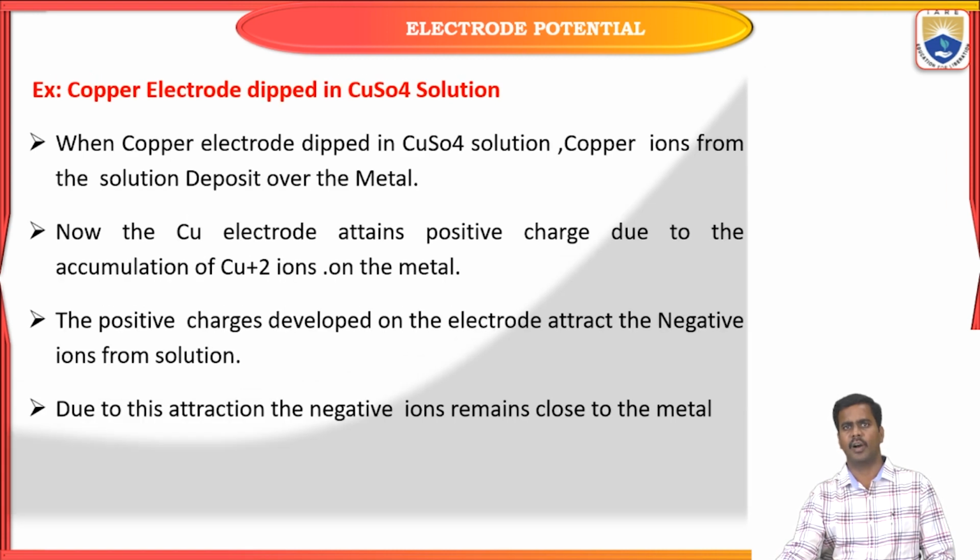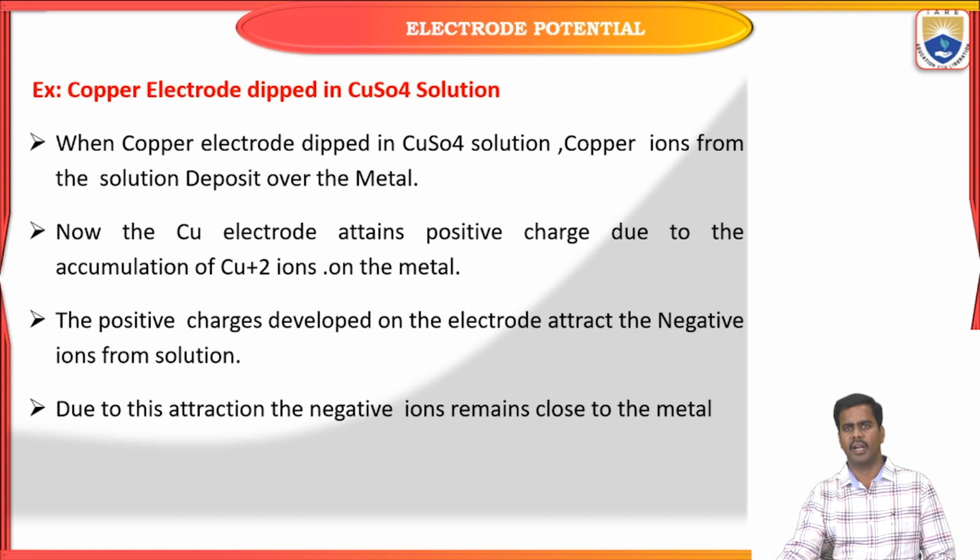Next, coming to the copper electrode dipped in copper sulfate solution. When the copper electrode is dipped in copper sulfate solution, copper ions from the solution deposit over the metal.